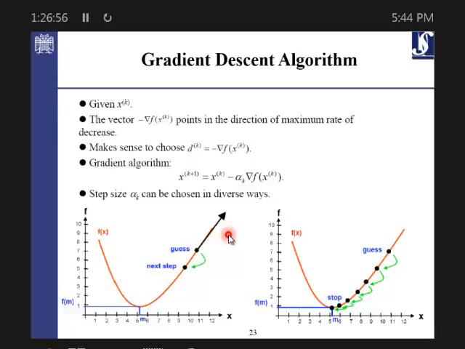Why? Because for every multivariate function, the gradient, which is the first derivative, gives us the direction of maximum change, the maximum improvement.